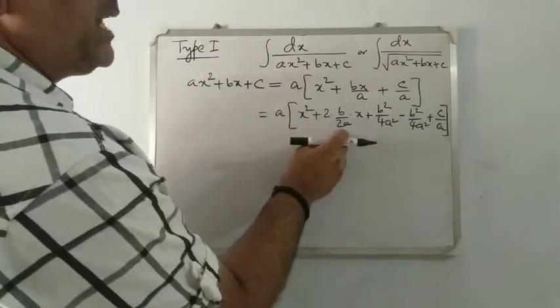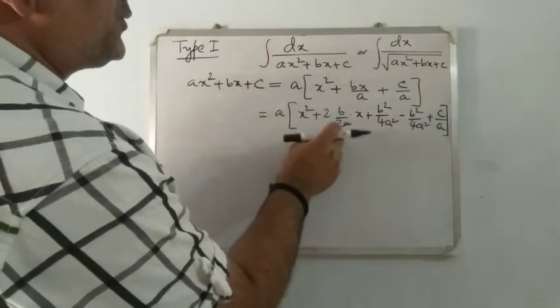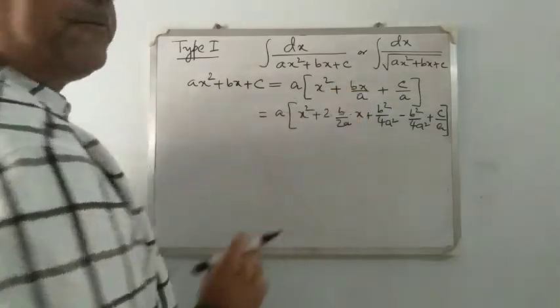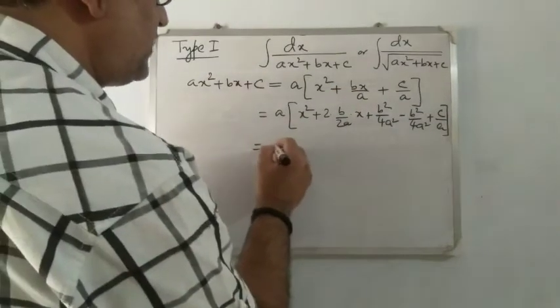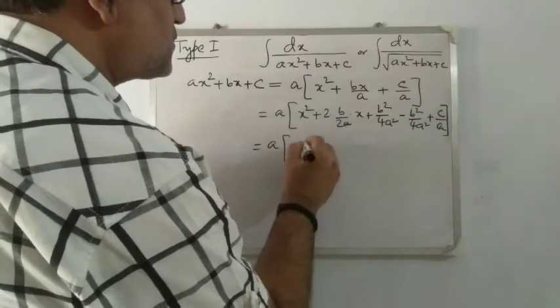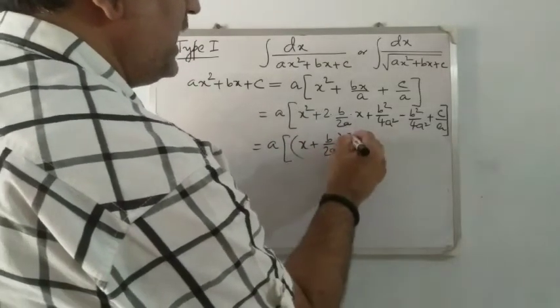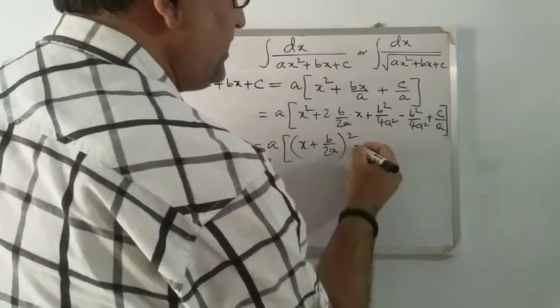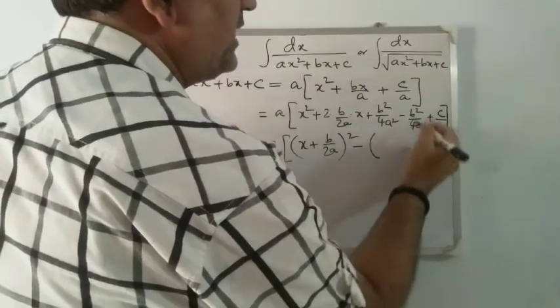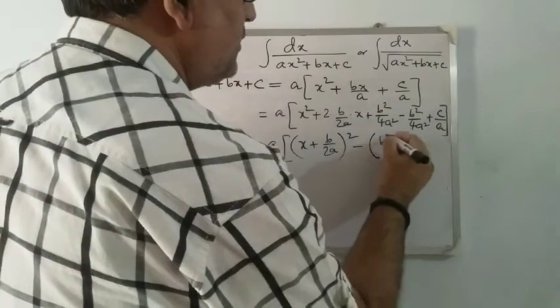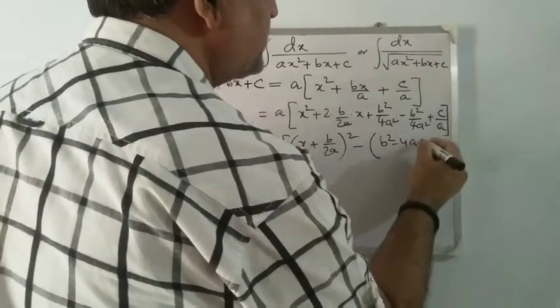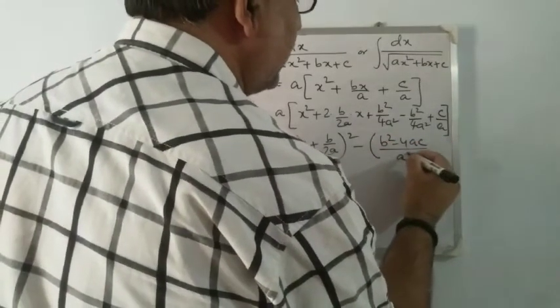In 2 into b by 2a, you can easily understand, 2 and 2 cancel out, so it becomes b by a. So now here we can write a into x plus b by 2a whole square, and then if you take the LCM in the bracket, you will get minus b square minus 4ac by a square.